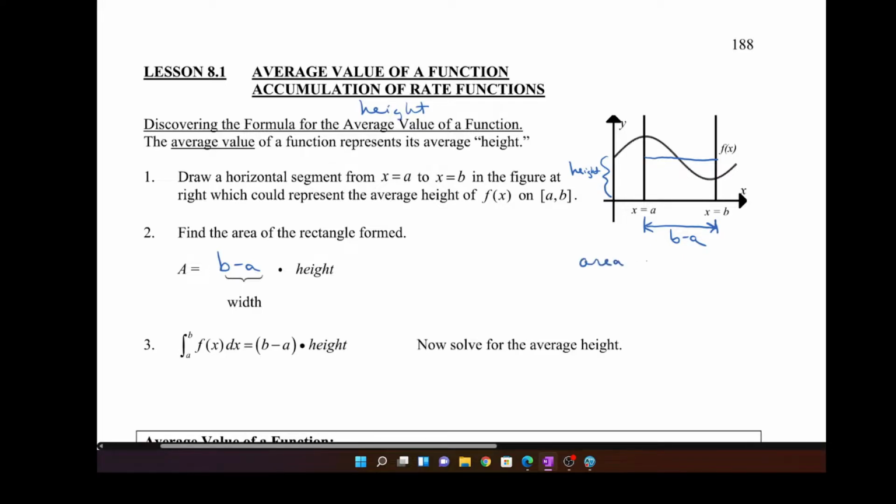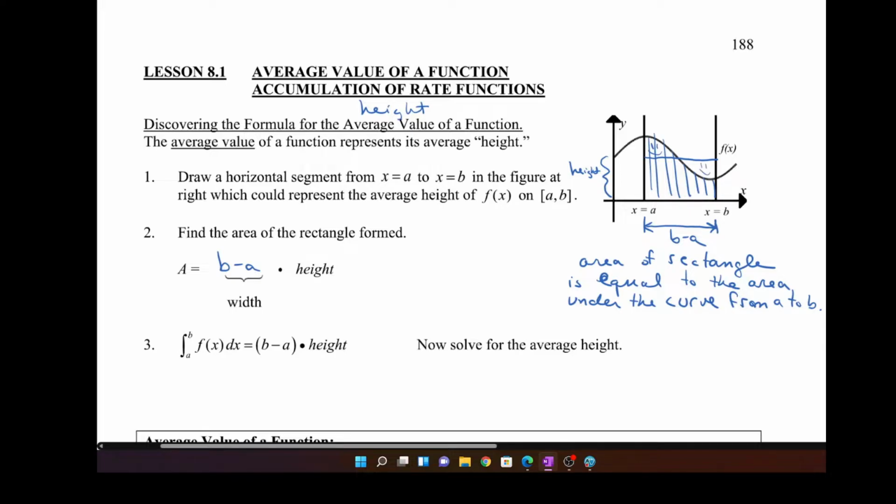So the area of the rectangle is equal to the area under the curve from A to B. Because we were saying that if we find the area of this whole thing, then this little bit too high takes care of that little bit too low.